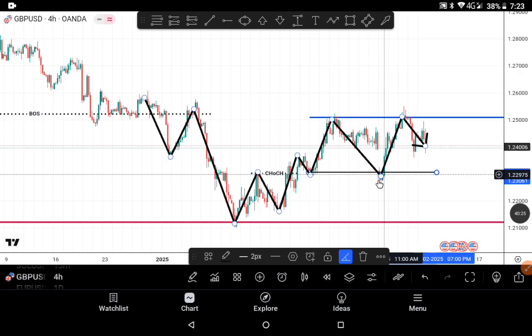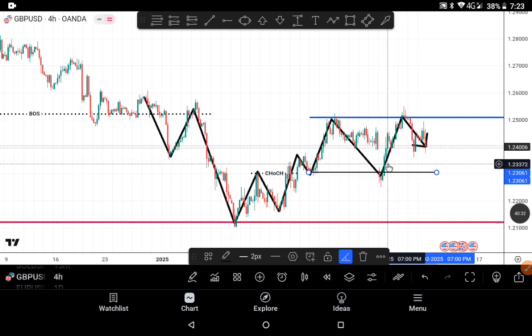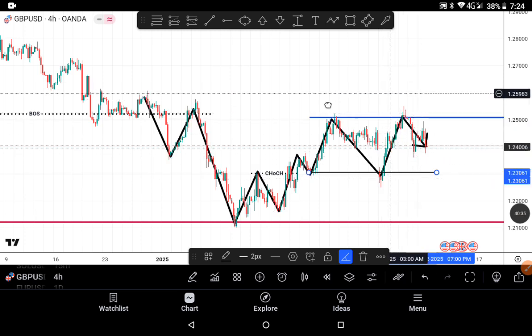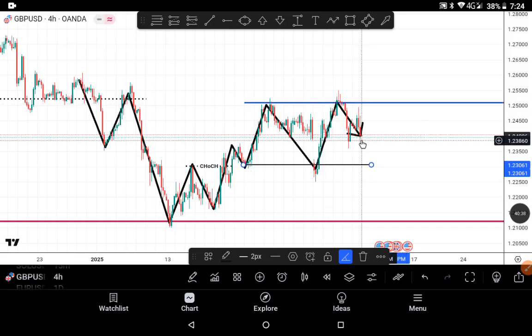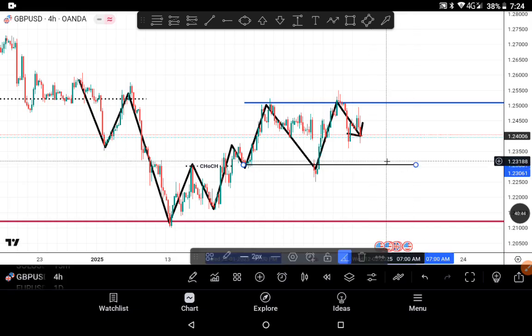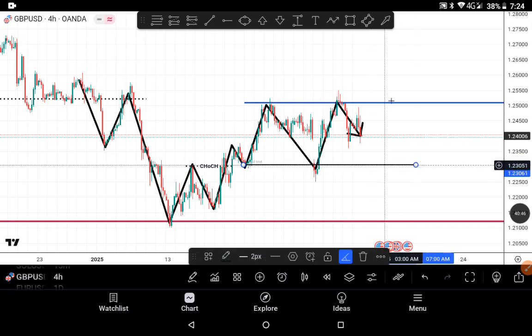So when the price came back to this area, it supported the market, pushed it upward, and the market went up. Currently the market is between the 4-hour level and the daily level, so we have to wait for the market to come back here before we know what is going to happen next.